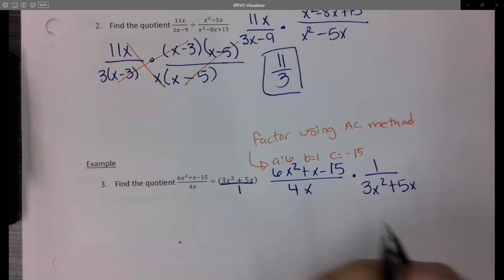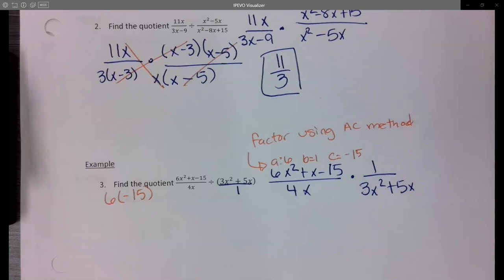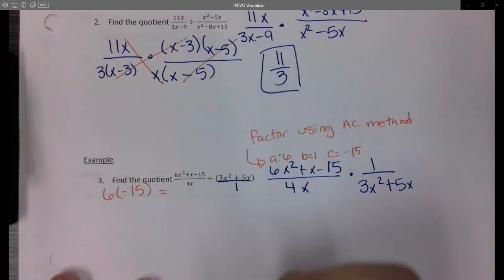What I want to do is take my A and C value and multiply them together. So I'm going to do 6 times negative 15. Which gets me what?